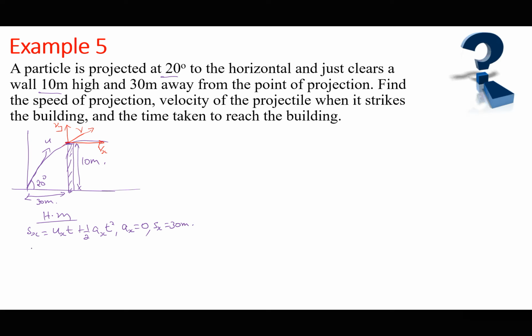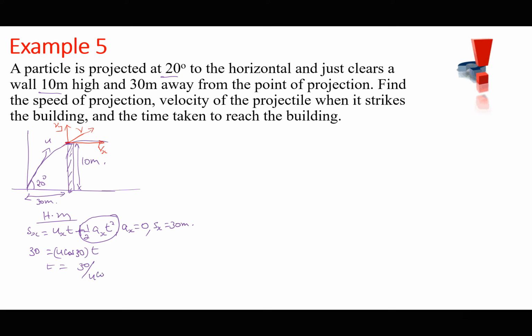So I'll say 30 equals, we have to resolve u in the horizontal, which will be u cos of 20, that is the initial velocity in the horizontal, times the time it takes, which I'll call t. The other part becomes 0. So I can simply say that the time t is going to be 30 divided by u cos of 20. That's number one.